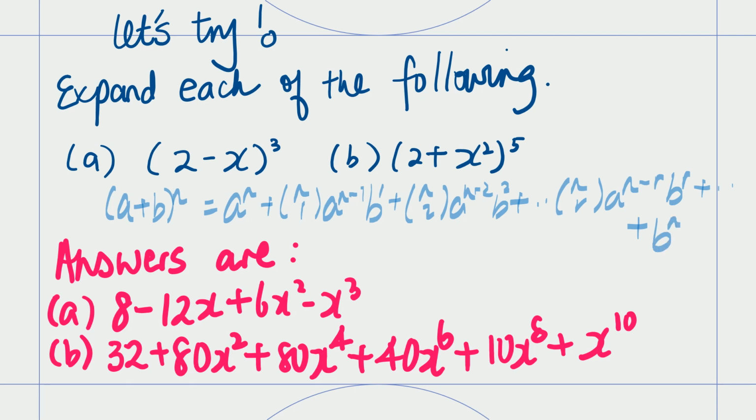Right, so if you look at part A, n is 3, so you expect to get 4 terms. Right, so 1, 2, 3, 4, yes. For part B, n is 5, so it's expected to get 6 terms. So we have 1, 2, 3, 4, 5, 6. So please try these 2 questions on your own and check to ensure that the answers are the same as what I've shown on the screen.